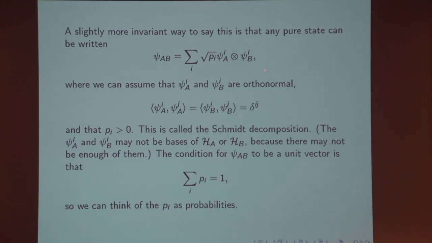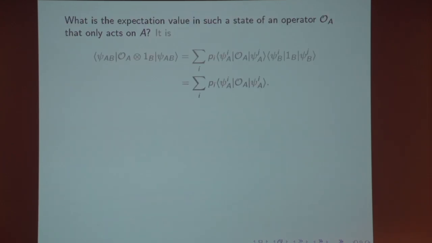And since the psi_i^B are orthogonal, the different terms in the sum don't interfere when we act with the identity operator on the B state. So the matrix element of an operator that only acts on A is given by a sum of what we had before with probabilities p_i. So it's given by this formula.